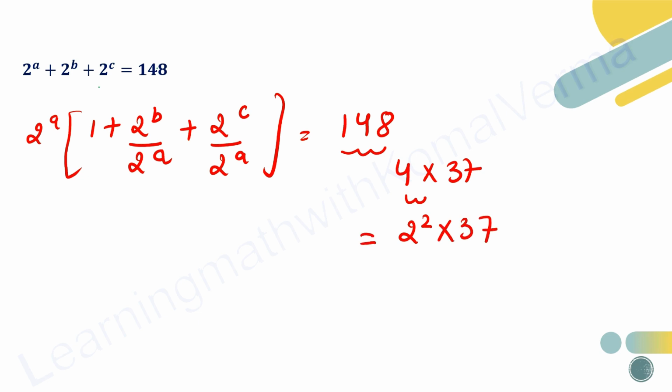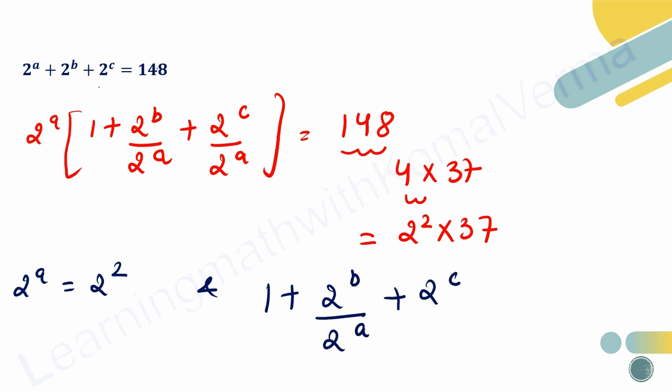So when we compare left hand side to the right hand side, we get 2 raised to the power a is equal to 2 raised to the power 2, and 1 plus 2 raised to the power b upon 2 raised to the power a plus 2 raised to the power c upon 2 raised to the power a is equal to 37. From this, we get a is equal to 2.